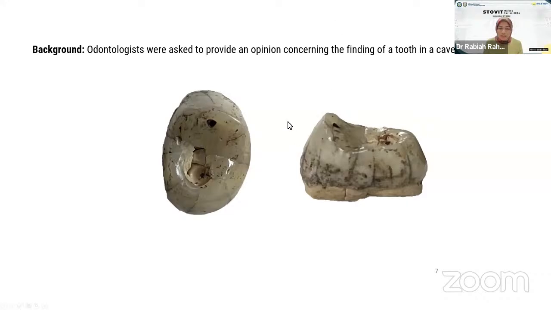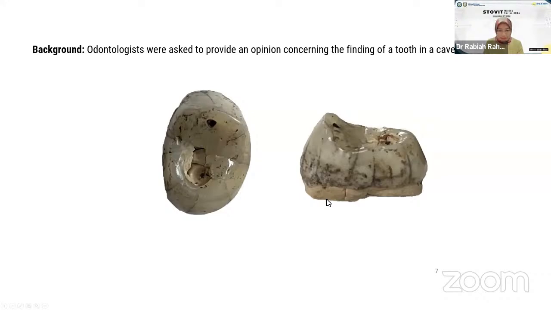So we have to be very thorough on the morphology of human tooth, and from there we also have to compare if there are any other species that have similar tooth structure to human. We have to do an in-depth analysis.